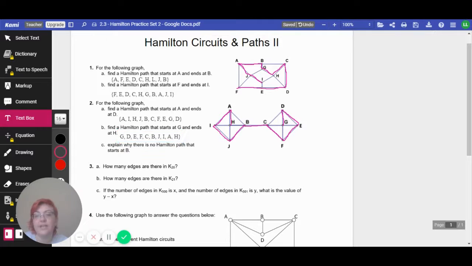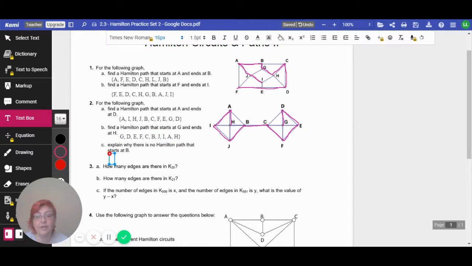All right. Explain why there is no Hamilton path that starts at B. Well, BC is a bridge that we use to travel from one part of the graph to the other. And so if I started at B, I could only do either this part or travel the bridge and then do that part.